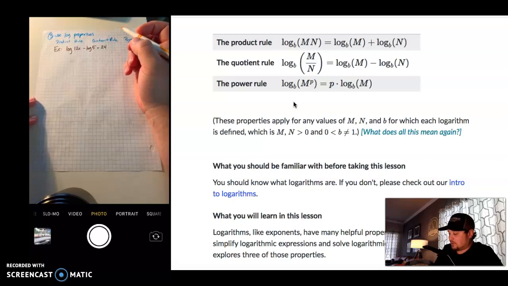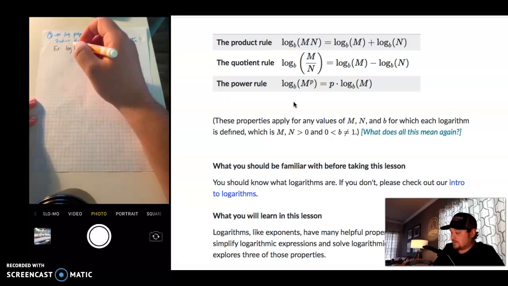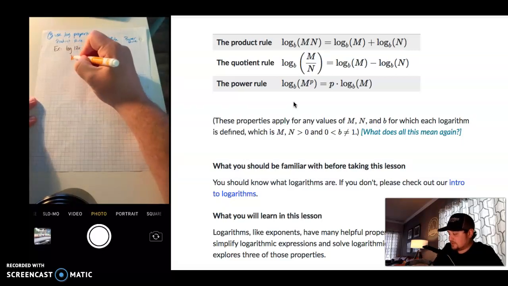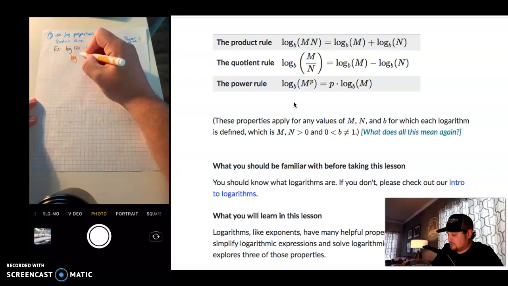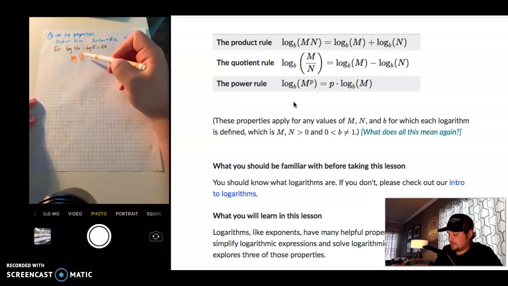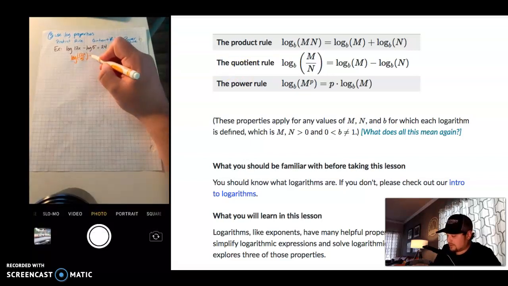It's going to be the quotient rule here because we've got a subtraction. So this is the same thing as log of 12x over 5. The quotient rule tells us that when two logs are subtracted, we can combine those into the same log, and that's going to be equal to 24.